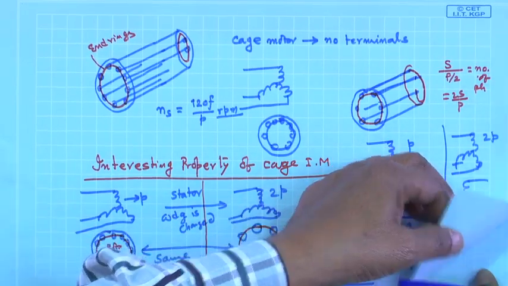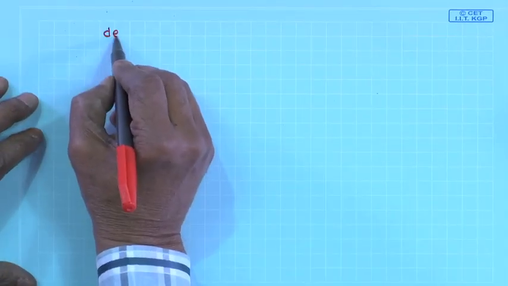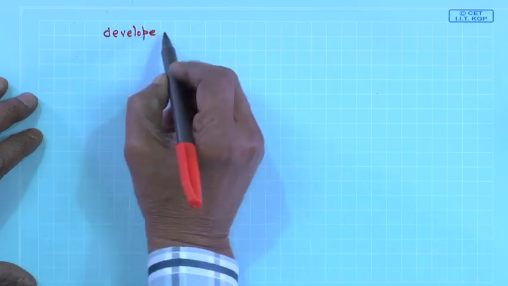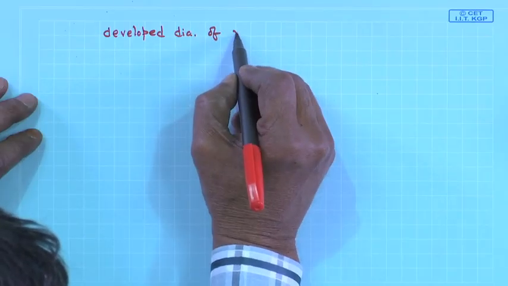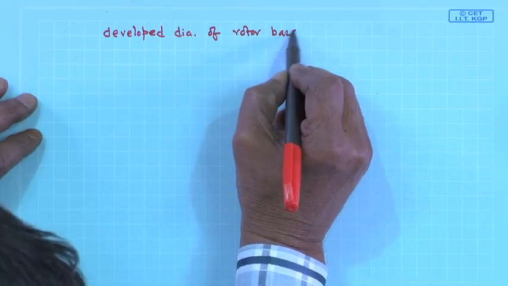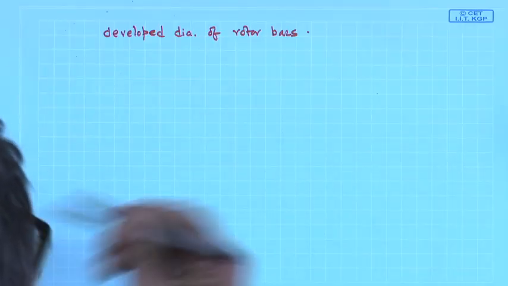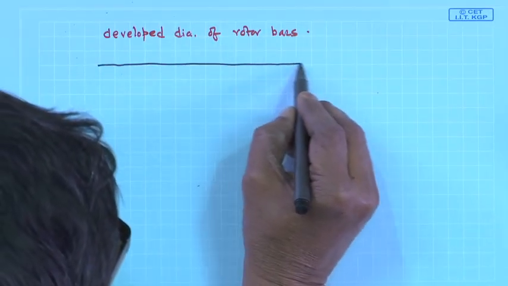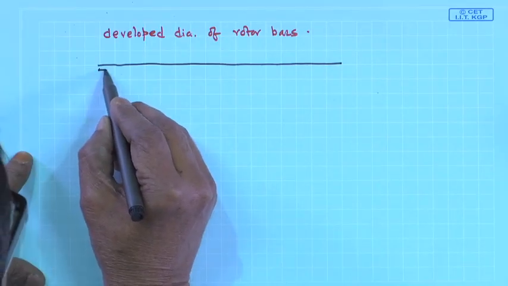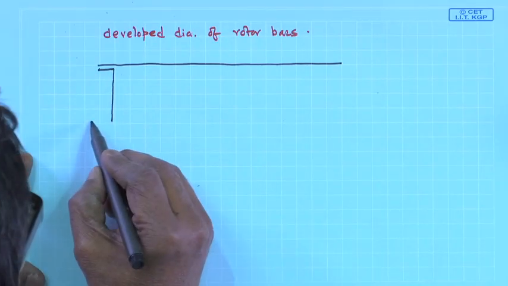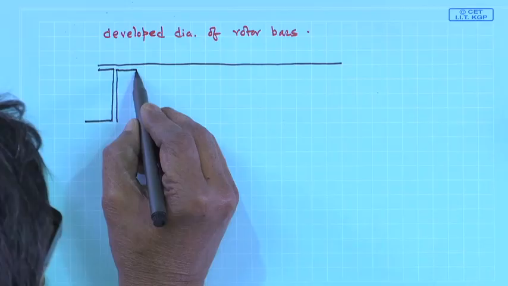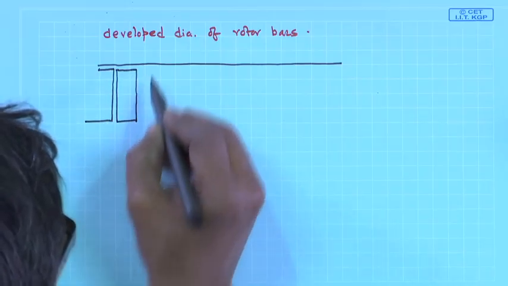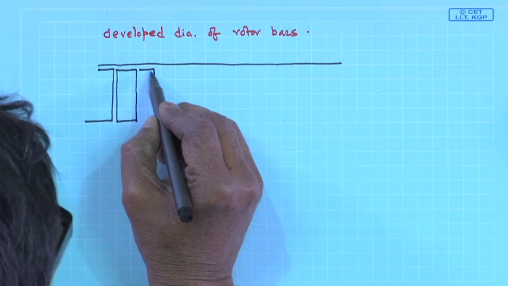Okay. Now, the question is why it is like this. It is because if you draw the developed diagram of the cage bar, it will be like this. Let me draw a few at least.